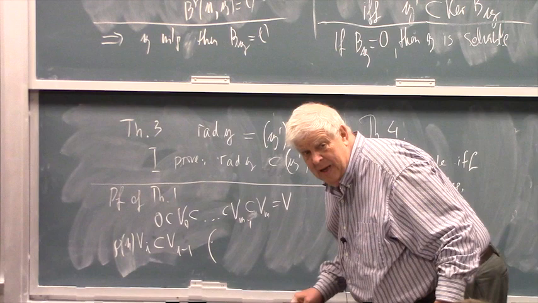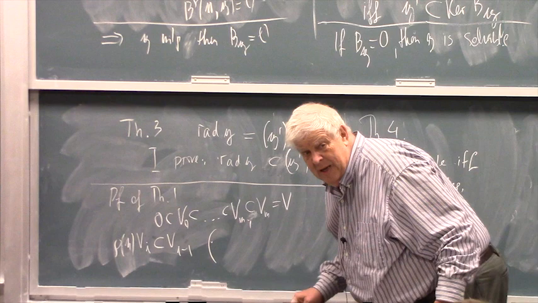So if G is semi-simple, simply because no solvable subalgebra, the radical is 0, it immediately follows from this that kernel BG is 0. And in the opposite direction, if this is 0, then, according to the first theorem, the nilpotent radical of G is 0.